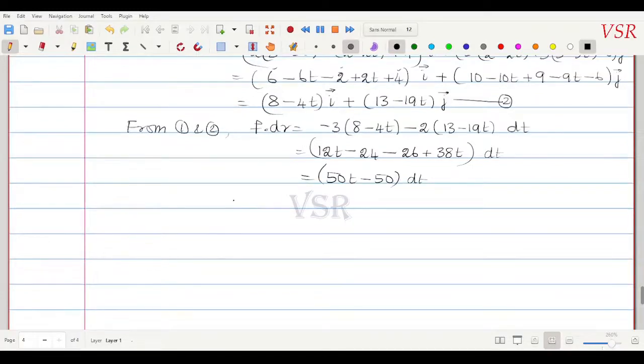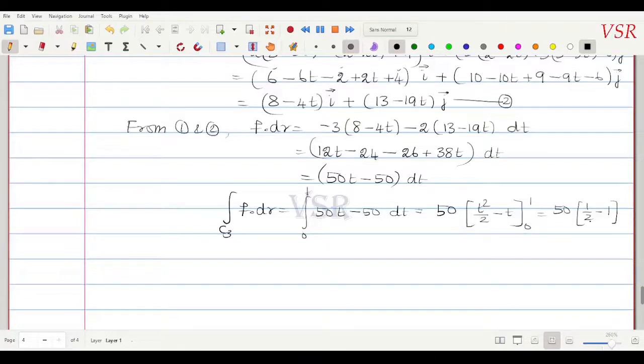So the integral over c3 of f dot dr is equal to the integral from 0 to 1 of 50t minus 50 dt. So we can take 50 outside. So 50 into t square by 2 minus t, from 0 to 1. So this is equal to 50 into 1 by 2 minus 1, which is minus 1 by 2.